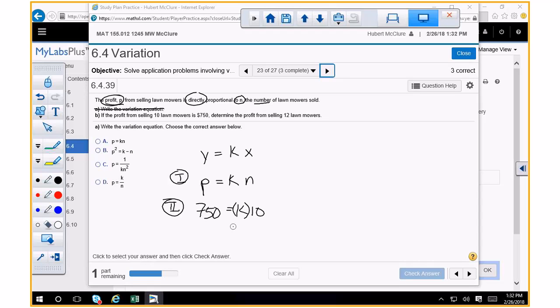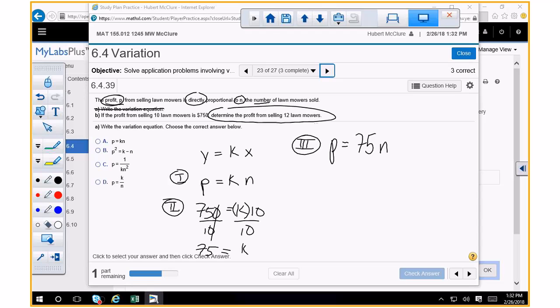So divide by 10, divide by 10, K is equal to what? 75. So what do we do in part 3? We rewrite the formula with K is equal to what? And now we do part 3. So P is equal to 75 times what?